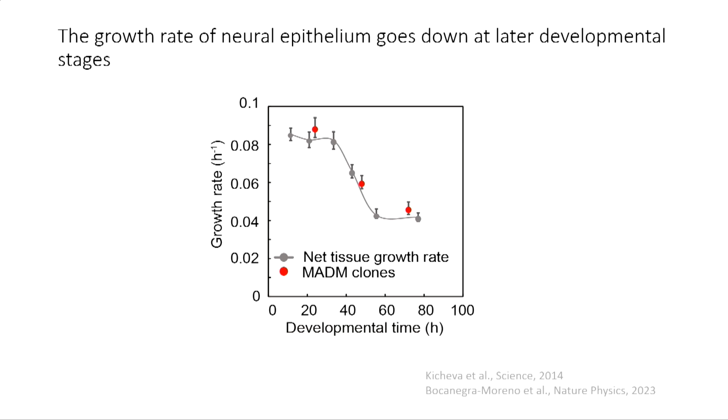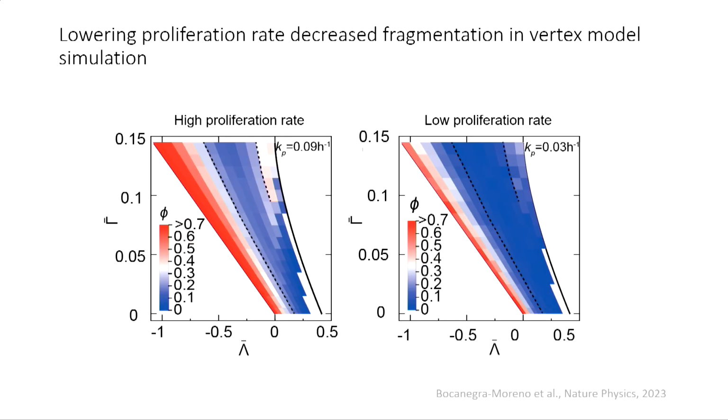So early on, the cells are dividing rapidly. Later on, after some 30 hours, and in the signaling part, we also have this 30 hours when the pattern was established, and this is not a coincidence. The fragmentation goes down because the proliferation goes down.